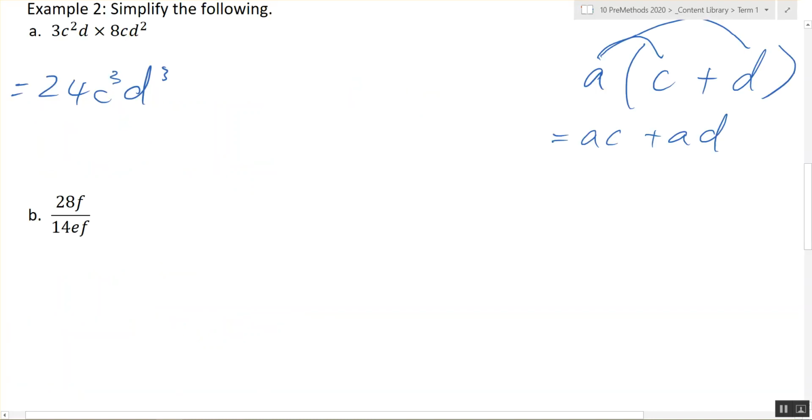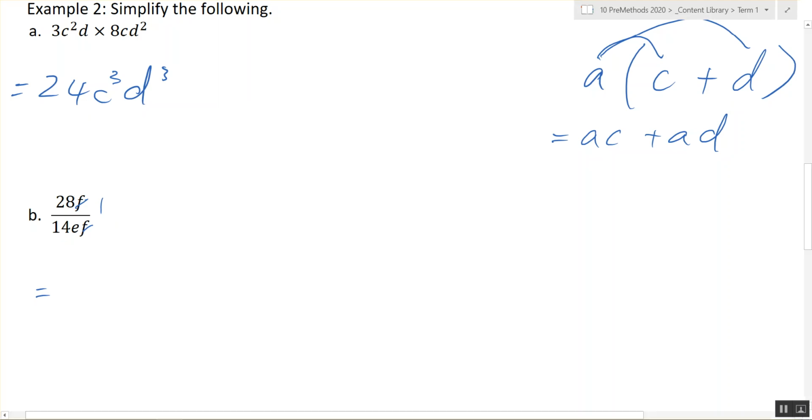We are looking at the things that are the same on the top and bottom. Does that make sense? Or the things that are similar on the top and bottom. So what's the same or similar on the top and bottom? Yep. So we cancel the f's out and we're left with 1. And then what happens with the 28 and the 14?